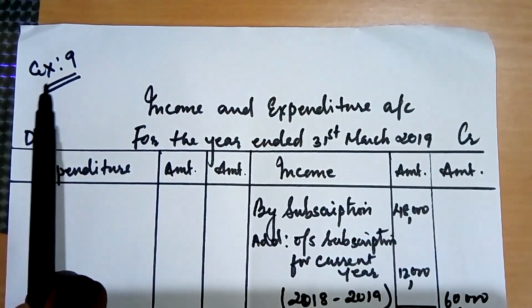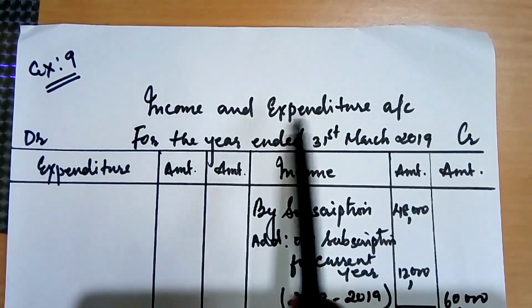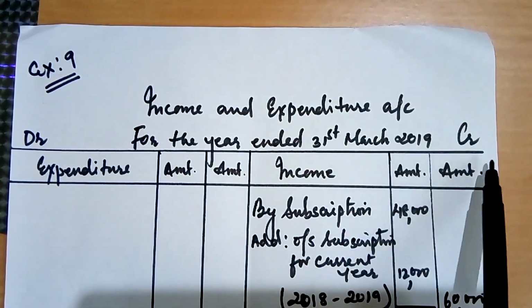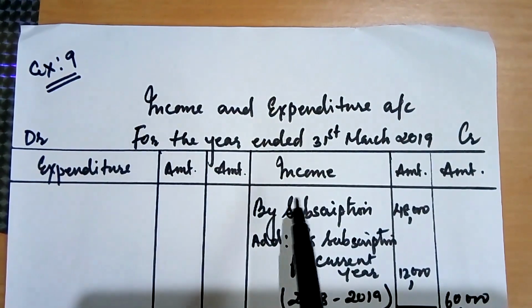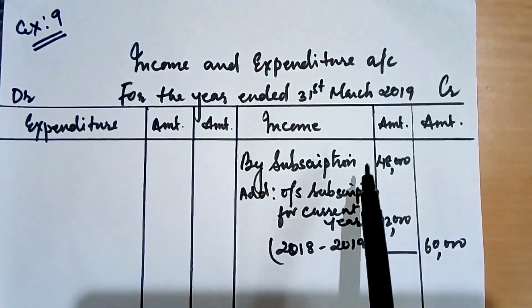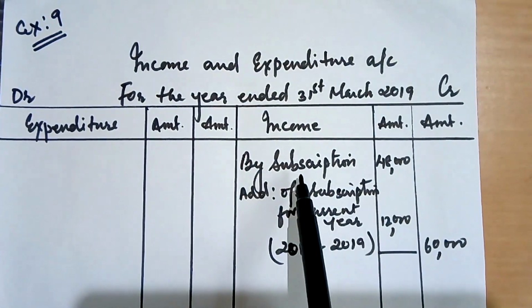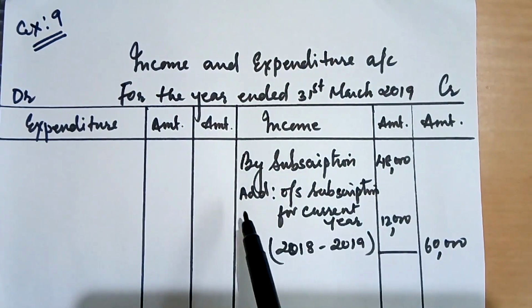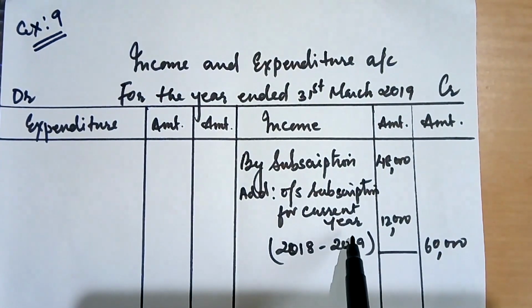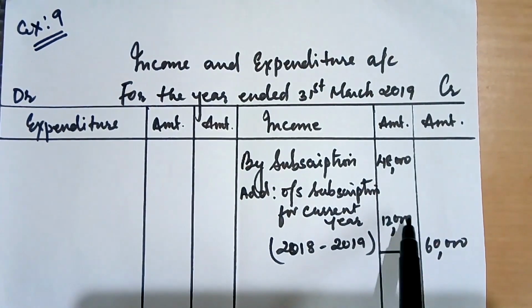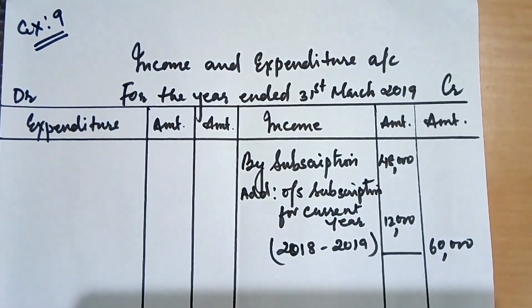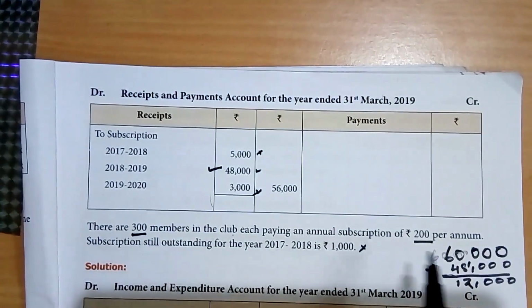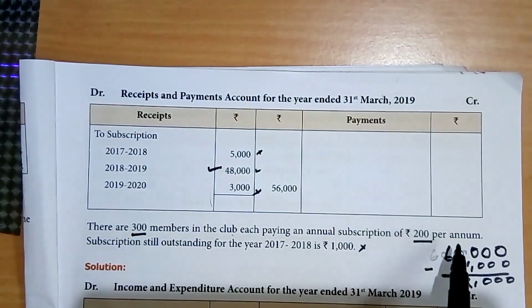So solution for illustration 9. Income and expenditure account for the year ended 31st March 2019. We have the debit side and the credit side: expenditure amount, income amount. Now on the income side, subscription for the current year, that is 2018-19, is 48,000. Then you add the outstanding subscription for the current year. Now here we have got 12,000. So from where did we get this 12,000? It's given in the question there are 300 members and they are each paying 200 per annum.